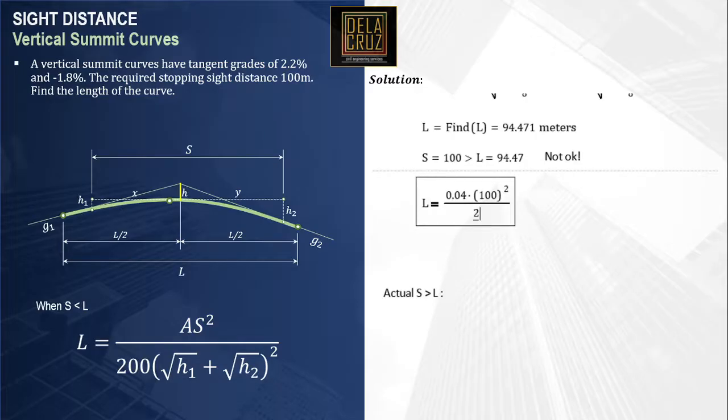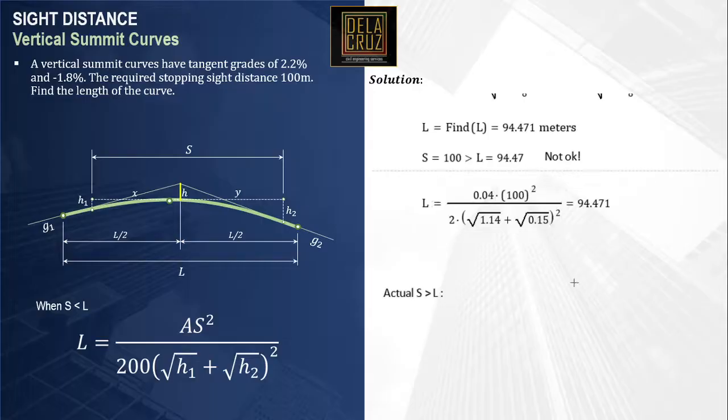Okay, 200 divided by 100. Quantity, square root of H1, we have here 1.14 plus square root of H2, we have there 0.15. This is quantity squared. So that would be equal to 94.471.